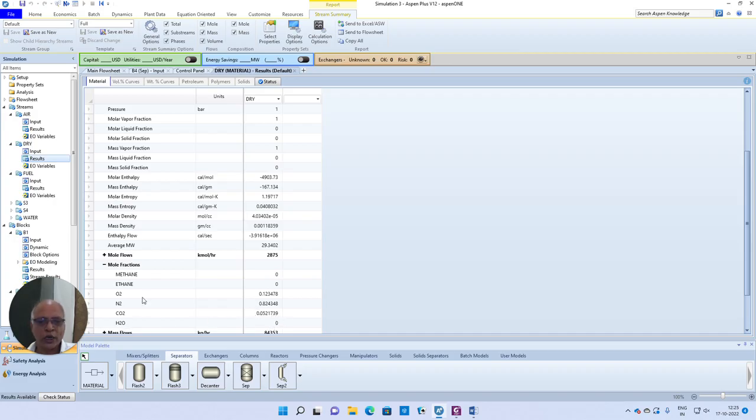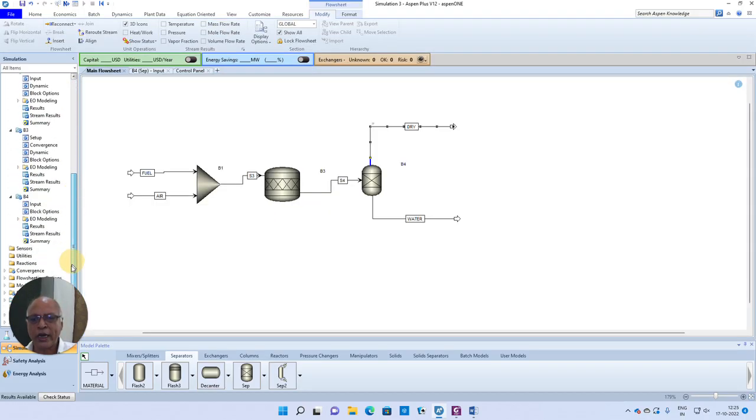See that there is no water, there is no methane and ethane because they are completely converted. So you are left with only oxygen, nitrogen and carbon dioxide. So you are able to see the composition of the flue gas on a dry basis. Now we need to adjust the flow rate of air such that this composition becomes 9%. So in order to do this, once again, let us go back and use a design spec.